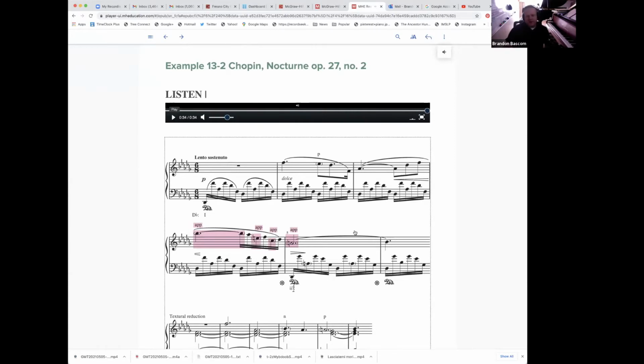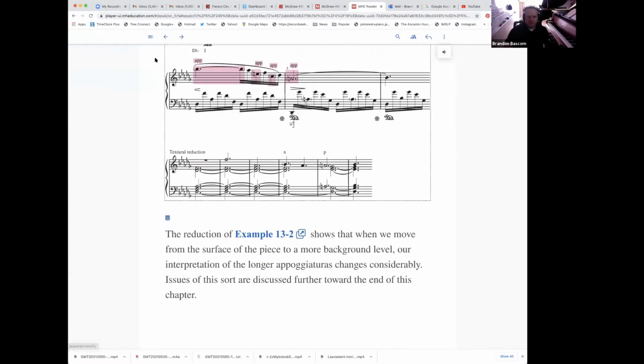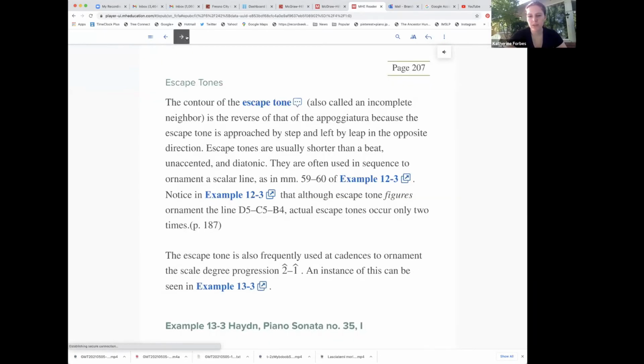Got to learn that one. Do they talk about neighbor groups in this chapter? I hope so.